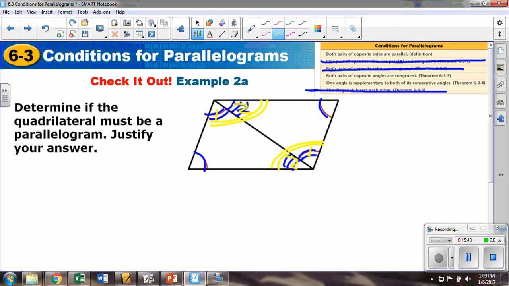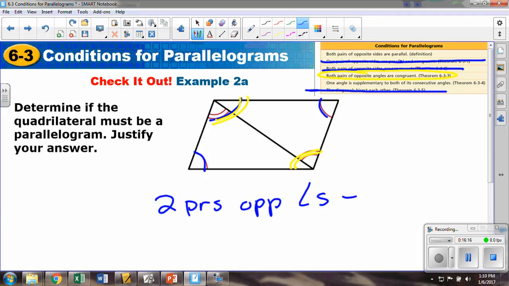And with this observation that Chance made, he caught on to the fact that we have two pairs of opposite angles congruent. And so, right there, both pairs of opposite angles are congruent, so because this one works, it does force this to be a parallelogram, and so yes, it is a parallelogram, and this is our reason why.